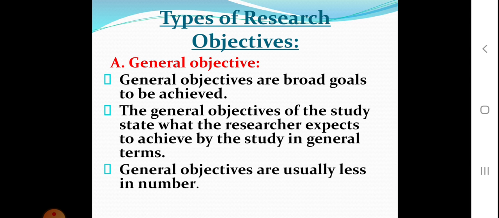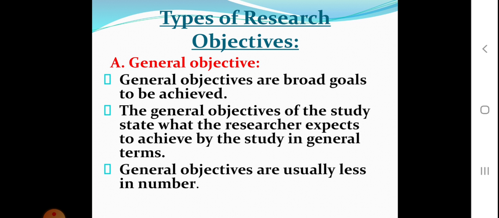Okay, now we will discuss the general objectives. See, general objectives are broad goals to be achieved. These general objectives of the study state what the researcher expects to achieve by the study in general terms. General objectives are usually less in number compared to specific objectives.